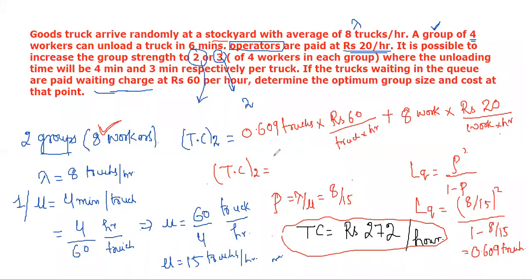Rupees 196.5 per hour. So this is the total cost in the second case when two groups of workers are working. This is the second case.